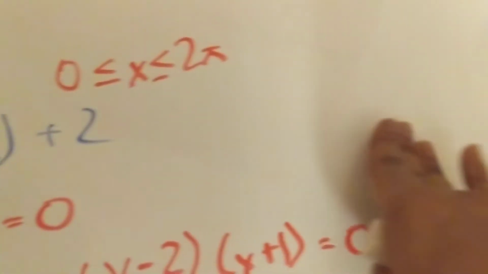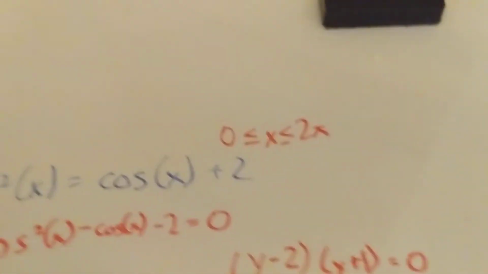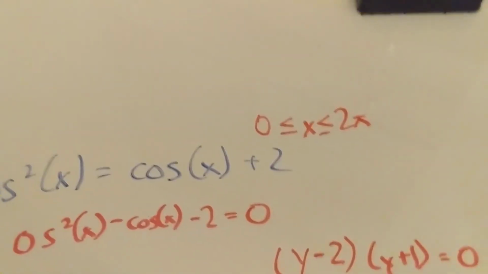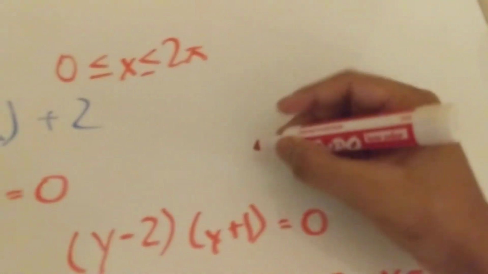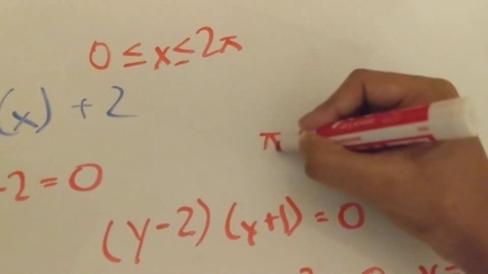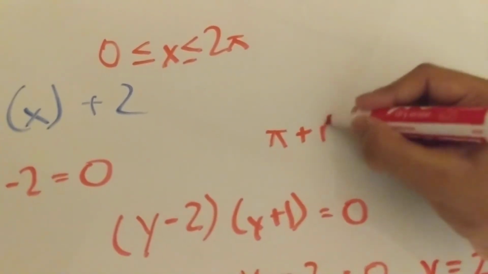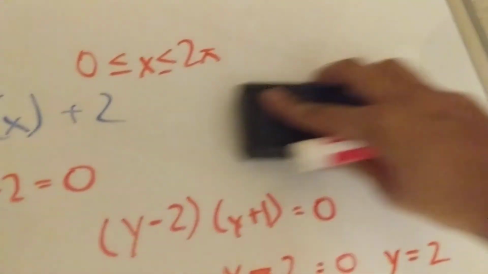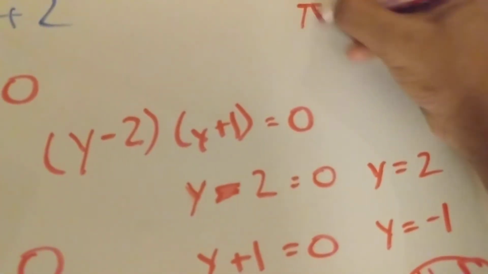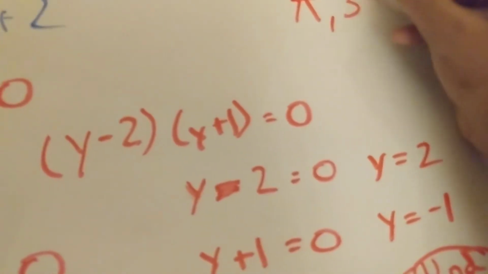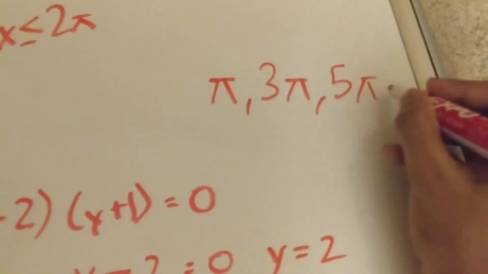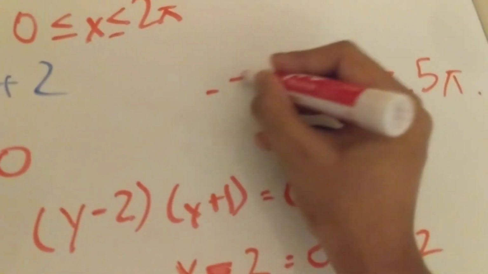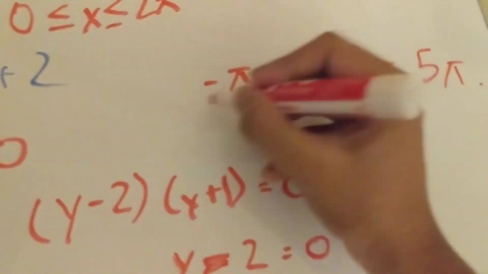Sometimes your teacher, or wherever you're taking this test, might ask you to solve for all values of x. What would you do in that situation? You could take pi plus 2 pi n, and it would be an expression that would encompass all of pi, 3 pi, 5 pi, and you would go on, and negative pi, and also negative 3 pi, and all of that.